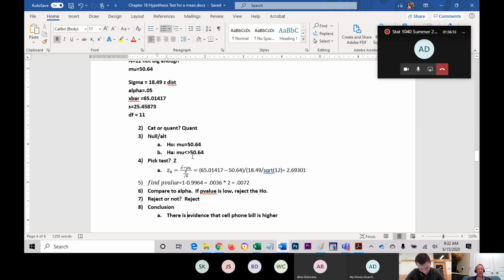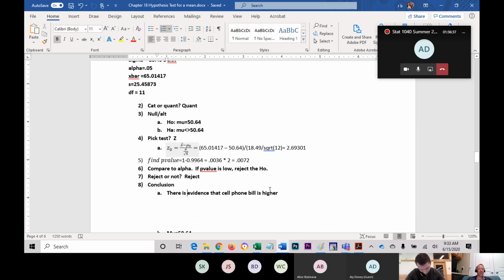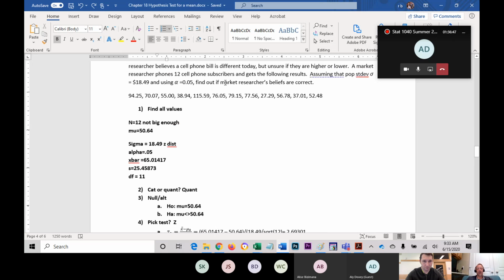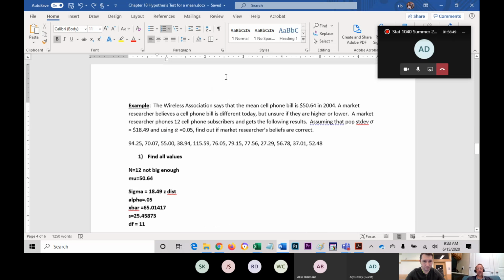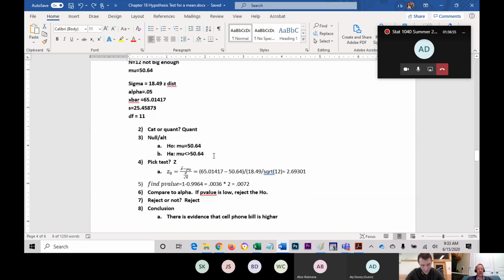Now, the one thing that I like about Elise is some people would just say there's evidence that the cell phone bill is different. Because all we're saying here, remember, is the person is unsure if it's higher or lower. And so when we did our null hypothesis, we said not equal to.